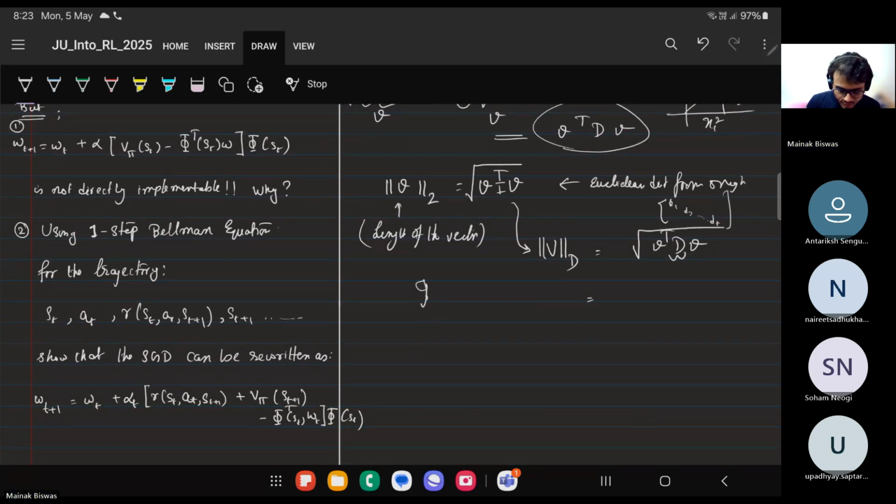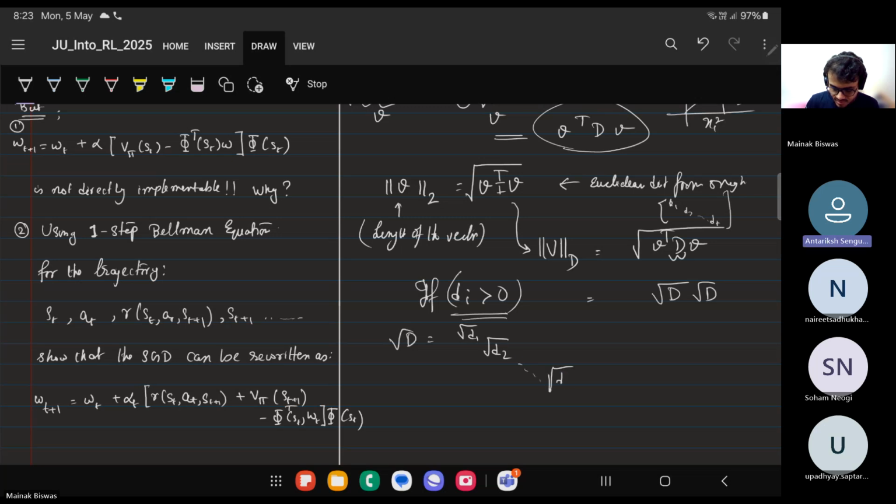If di is greater than 0, which is our case because these are probabilities, then can we write this as square root d into square root d? Yes. But these are probability matrices, right? Like this is how we broke it for positive definite matrices as well.